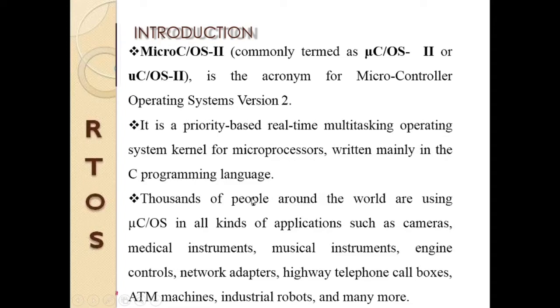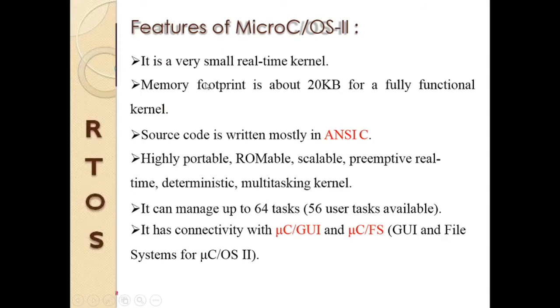It has 10,000 plus lines of code and it is used in several applications like ATMs, cameras, medical instruments, network adapters, etc. As I said earlier, it is a very small real-time kernel. Its memory footprint is only about 20 KB, so it can be used in embedded systems. It is a highly portable OS.